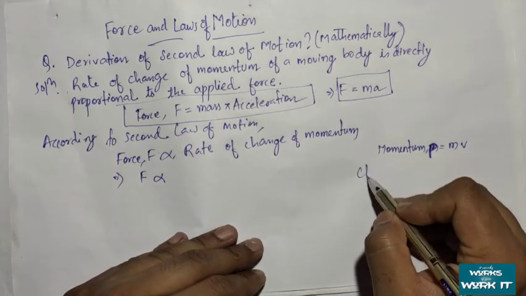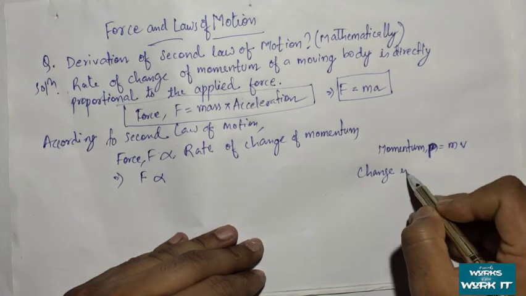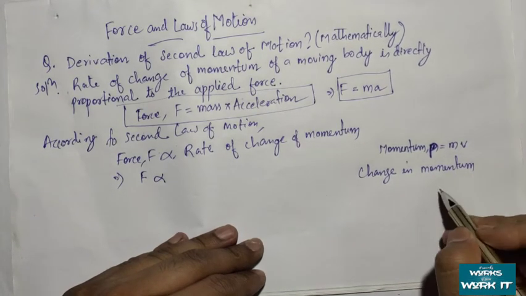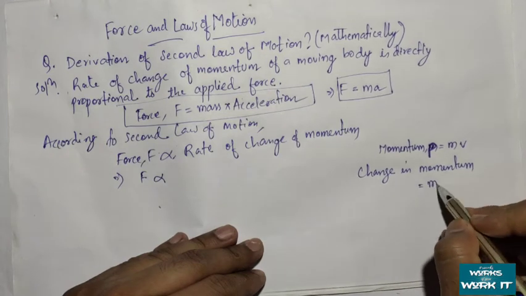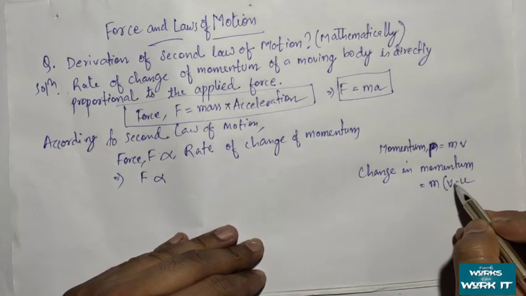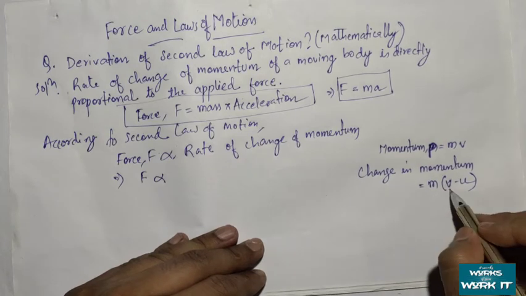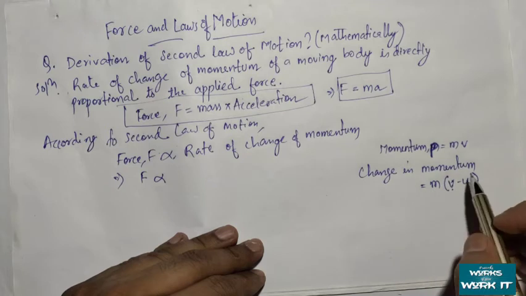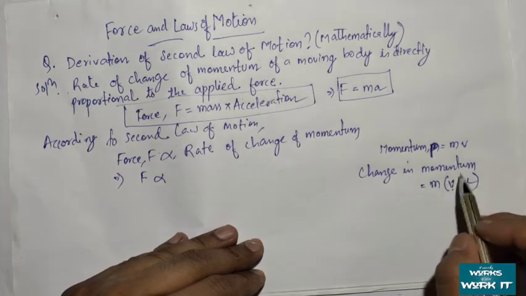If I write here the change in momentum, the change in momentum will be m into v minus u, where v is the final velocity and u is the initial velocity. So that is the formula for change in momentum.